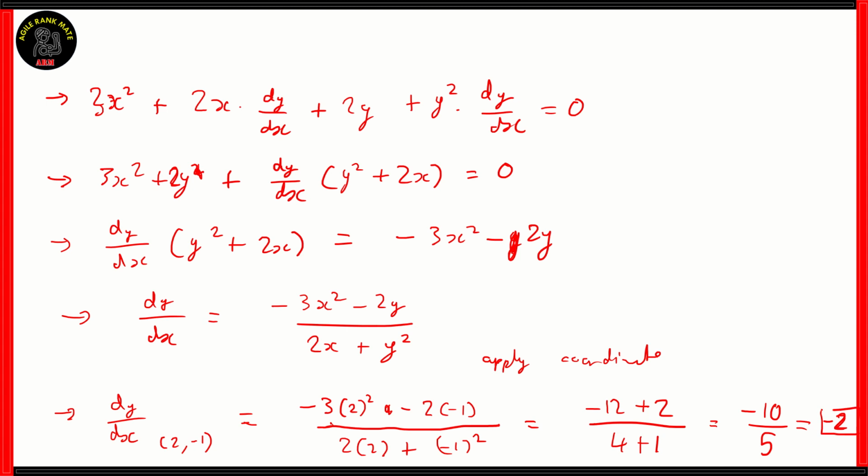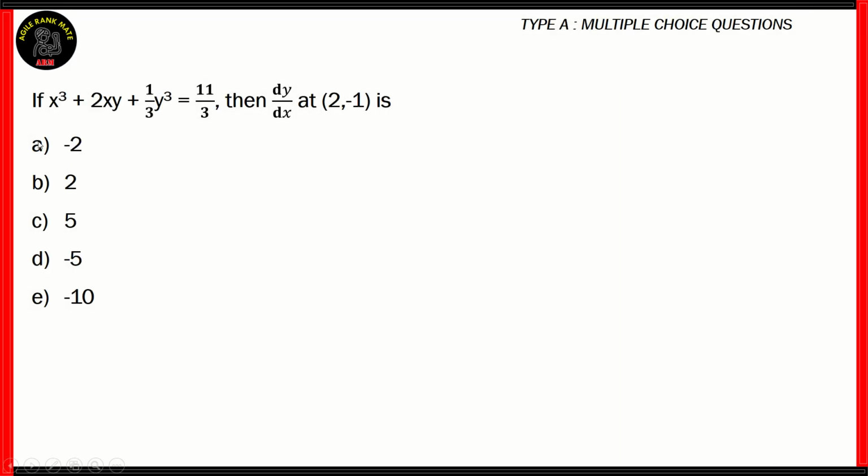So minus 2 is officially the value of dy by dx at 2 comma minus 1 for the function x cubed plus 2xy plus 1 by 3y cubed equals 11 by 3. So minus 2 is our answer. If we look at our options, you can see that option A is the correct option in this case. Minus 2 turns out to be the right answer.